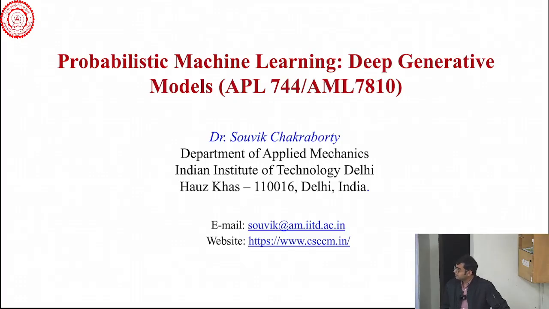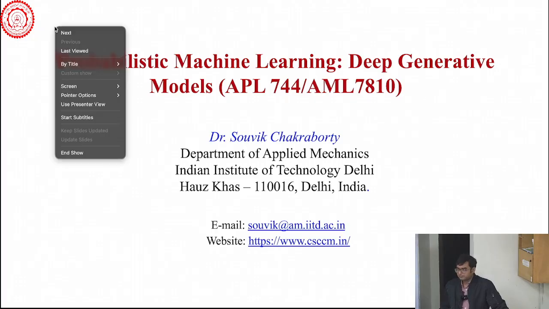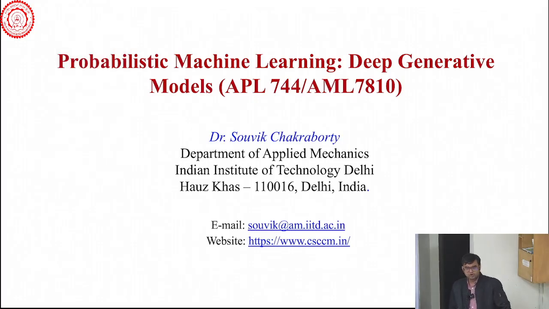So in the last lecture, we started discussing autoregressive generative models, not diffusion models. And in autoregressive generative models, we talked about two broad algorithms. One is NADE, the neural autoregressive density estimation.